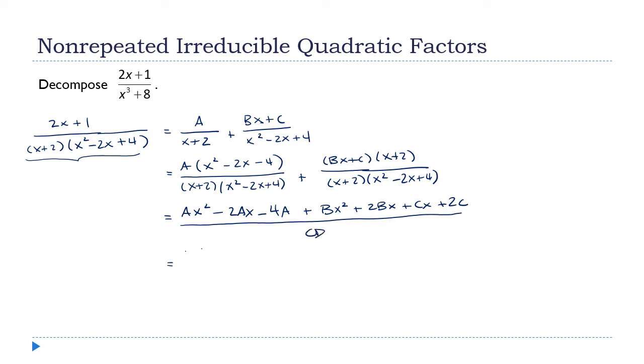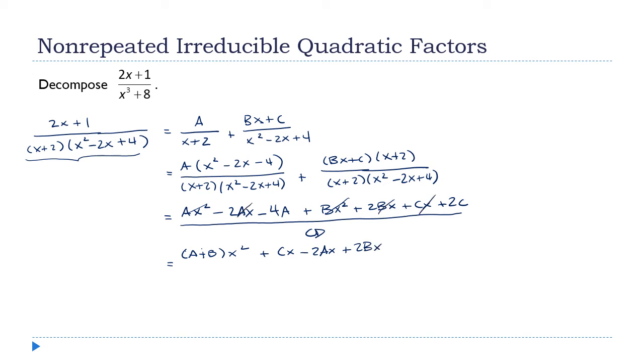And now I've got to group stuff. Let's bring the x squareds together. There's two of them: A plus B x squared. Let's bring the x's together: plus Cx minus 2Ax plus 2Bx.